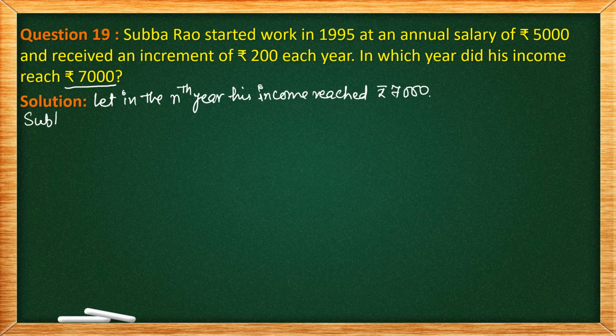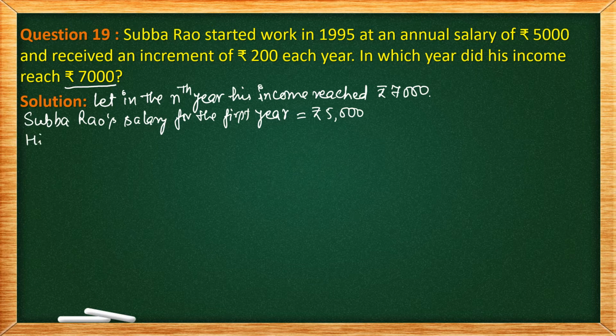Okay, now let's find out his salary for the successive years starting from the first year. So we can write Subba Rao's salary for the first year. From the year he started to work, this was his first salary and it is rupees 5,000.